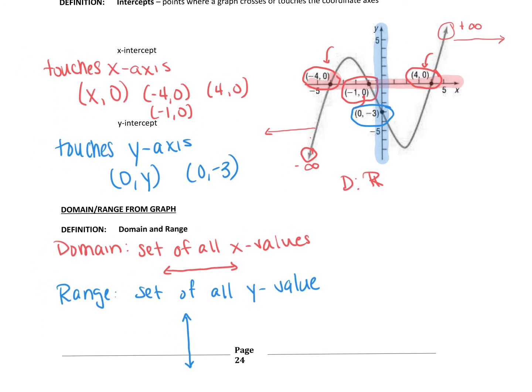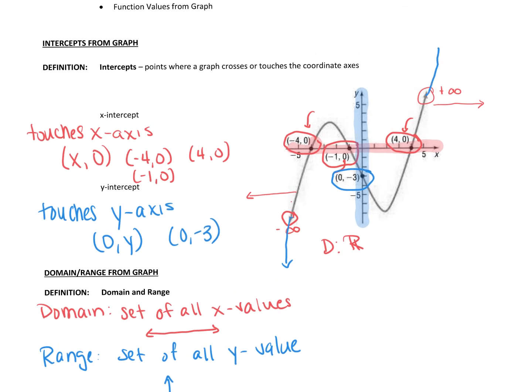We're looking at what these tails are doing. Notice that this tail is continuing forever downward, and this tail is continuing forever upward. Forever downward is negative infinity, and forever upward is positive infinity. So our range here is also all real numbers.